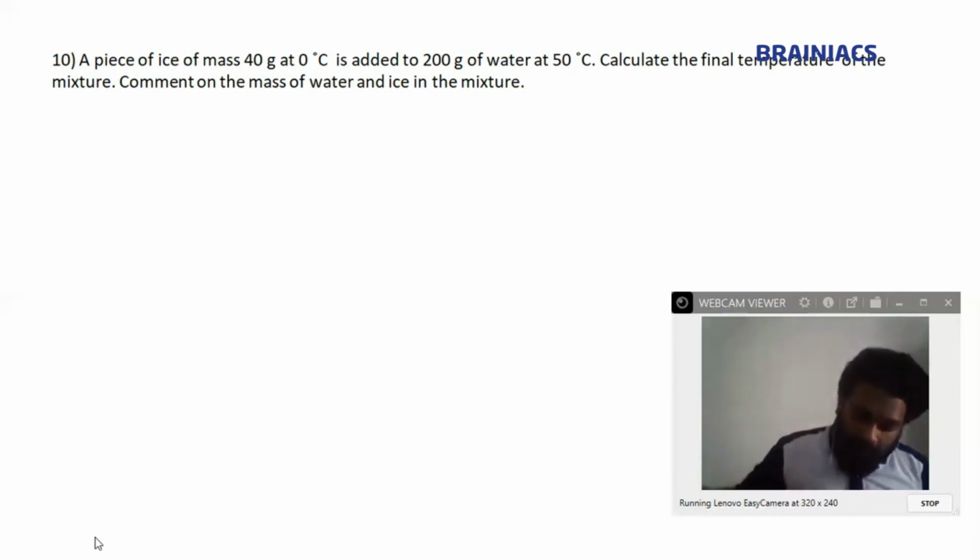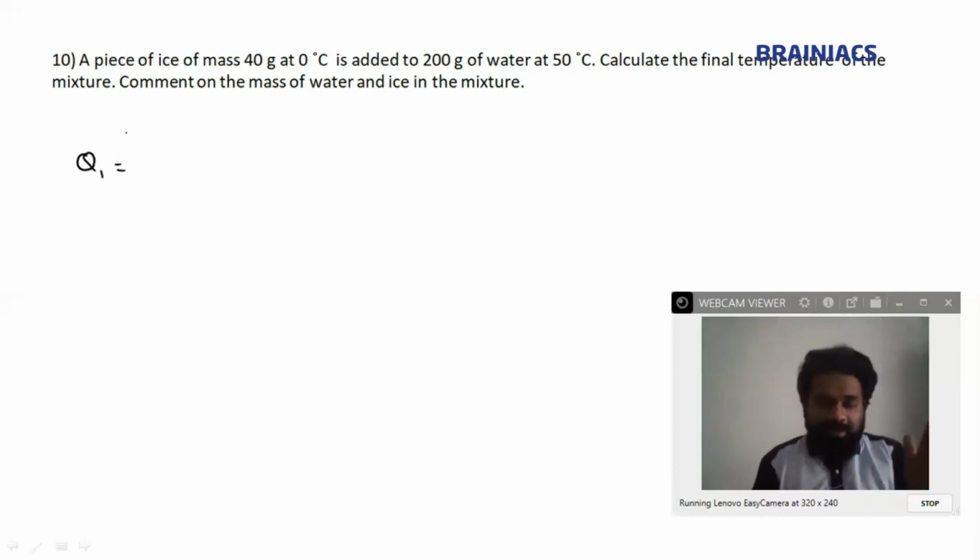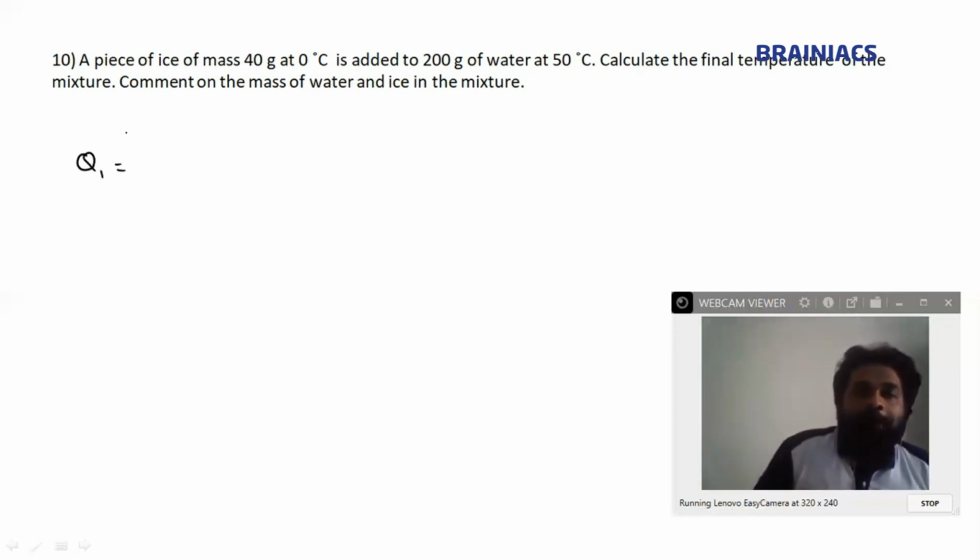So one side I am going to write Q1. The cold side I will be considering leftward, the hot side on the other side. So Q1, the state of ice is at 0 degrees Celsius. The next state is phase change, that is mL.